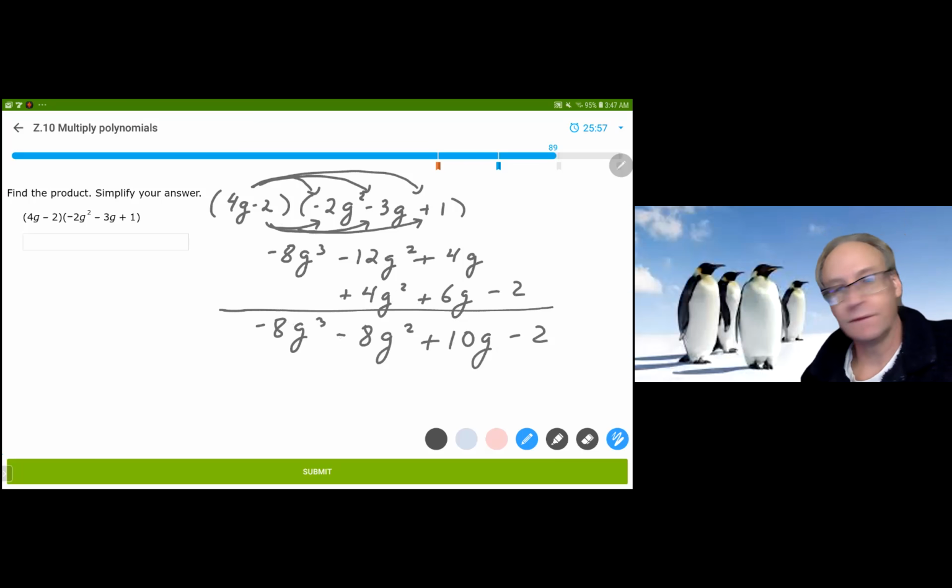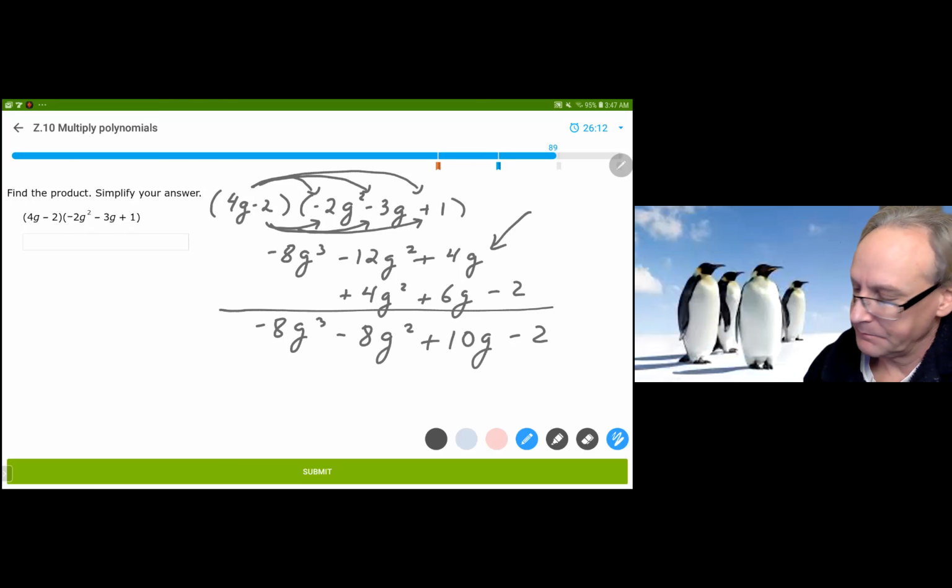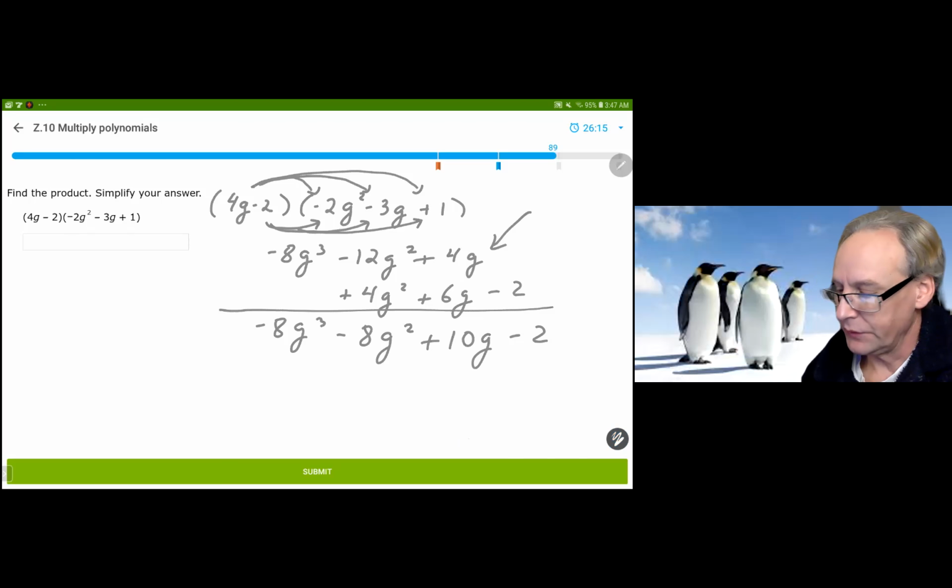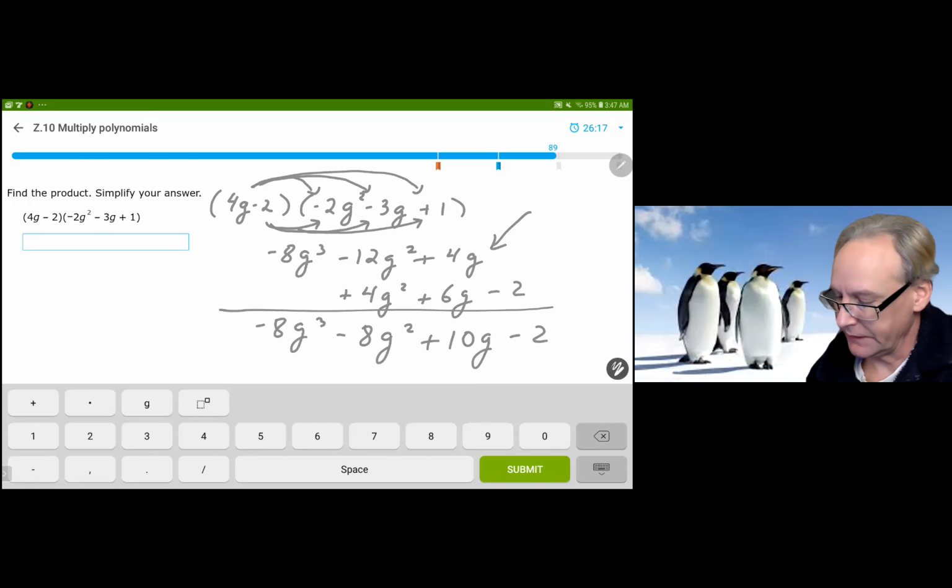Here's where a lot of students mess up because they add these together, but then they also want to add their exponents. Be careful. When you're putting things together, you don't change the exponents, only when you're multiplying, okay? So anyway, let's go ahead and put in our answer. See how quickly I can get this in.